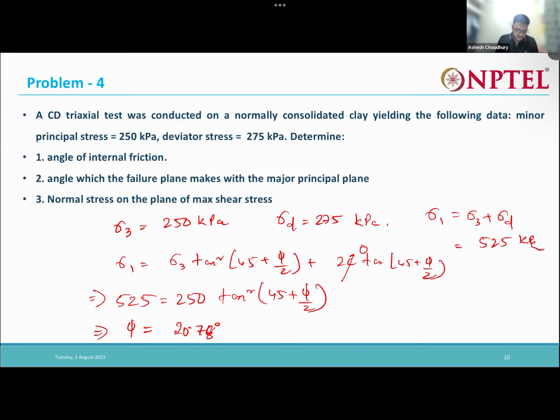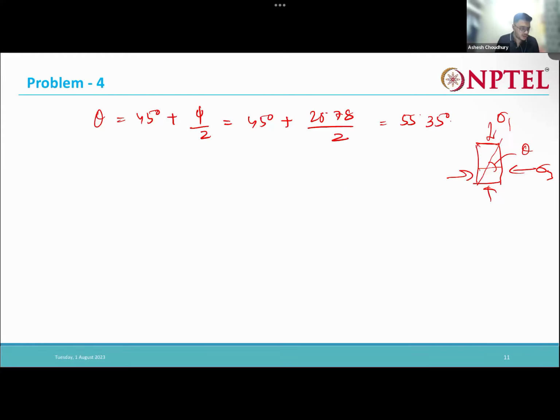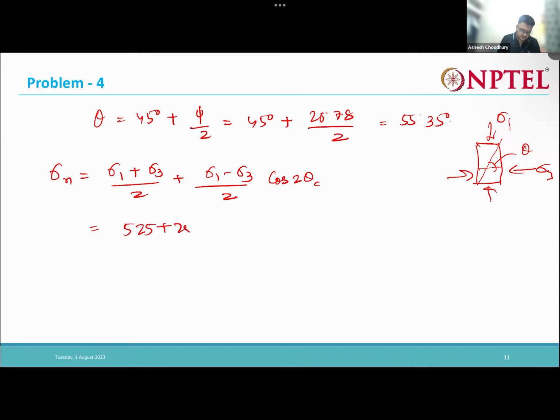Now the third part, the normal stress on the plane of failure. For that, the normal stress is equal to (sigma 1 plus sigma 3) by 2 plus (sigma 1 minus sigma 3) by 2 cos 2 theta.